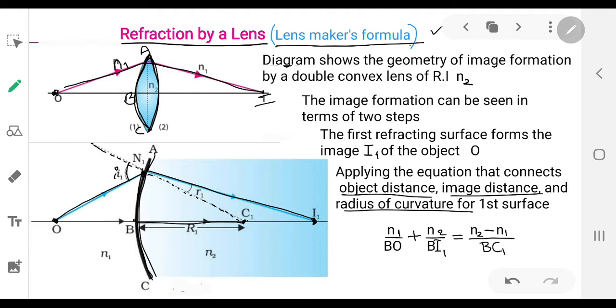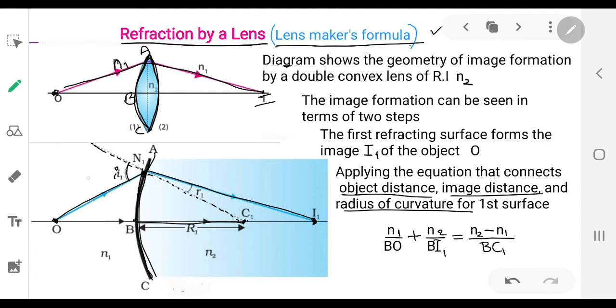Now, after writing the equation, we have to apply the sign convention. How is the sign convention? The distances should be measured from the pole, from B. If the distances are measured opposite to the incident direction, they are taken negative.